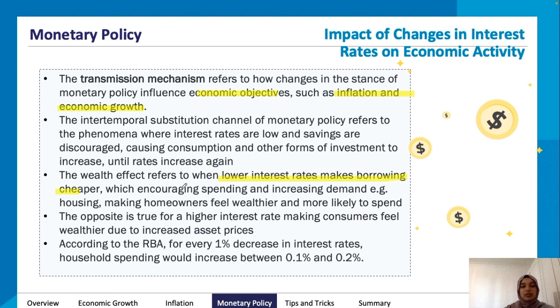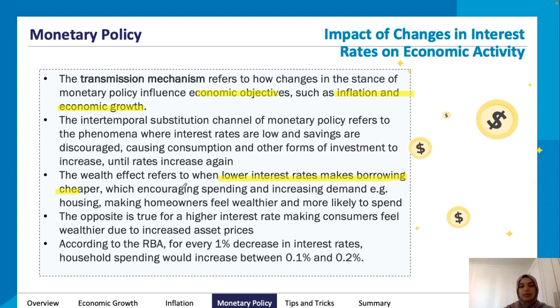So this idea that the opposite also holds true for a higher interest rate, making consumers feel wealthier due to increased asset prices. As a homeowner you just feel a lot wealthier because your assets are worth more than they were a couple of months ago because of the rate change.